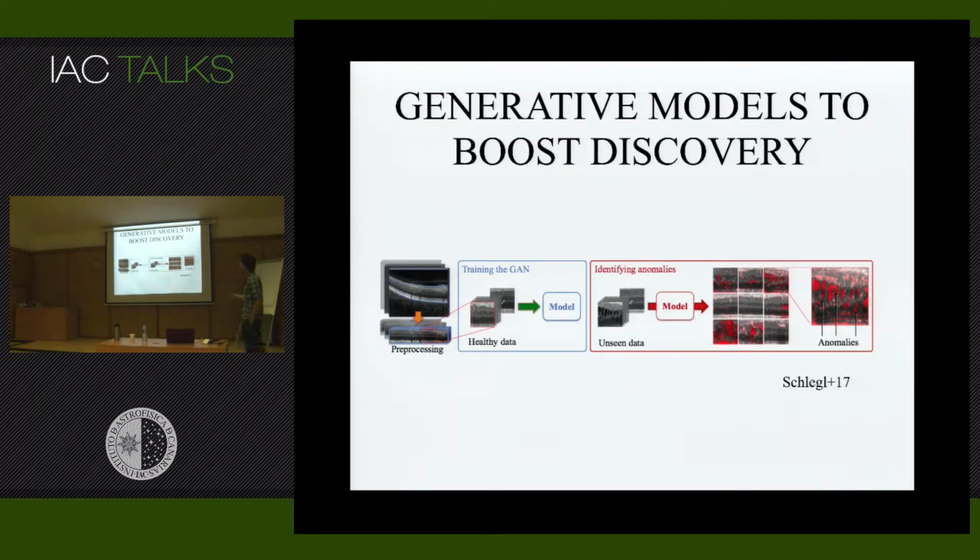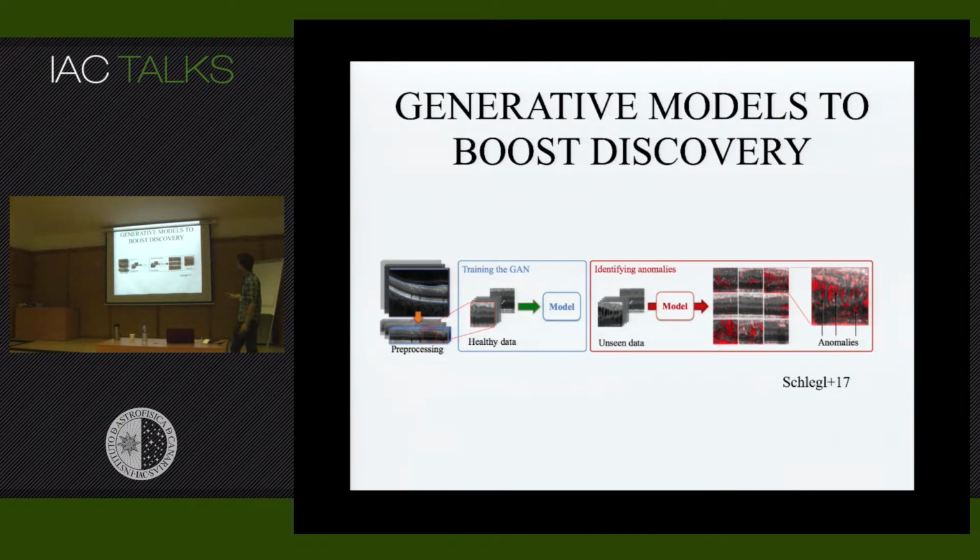And actually, these generative models can also be used to detect anomalies or boost discovery potential. This is not an example in astronomy, but in medicine. Basically, you use generative models, and we'll talk about this later on. You take healthy data, images of healthy people, and train the generative model to generate fake data of healthy people.